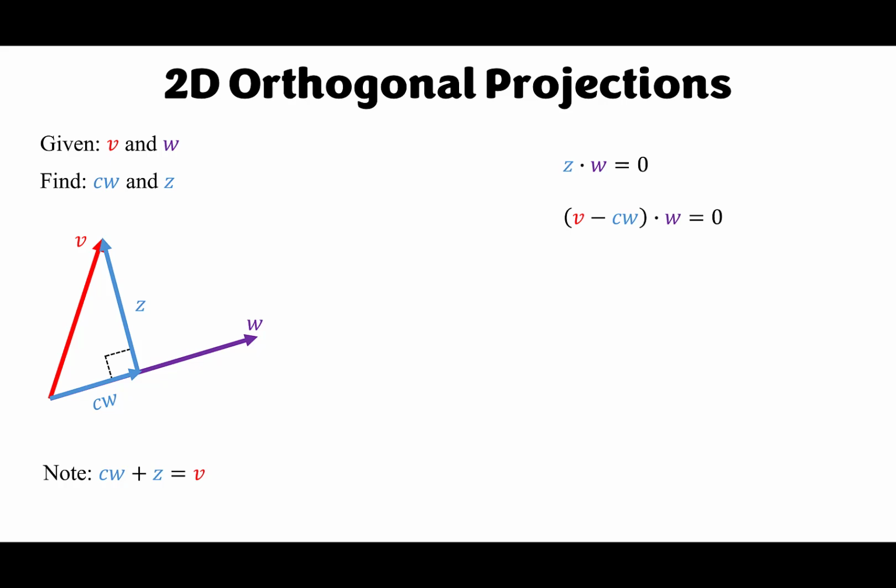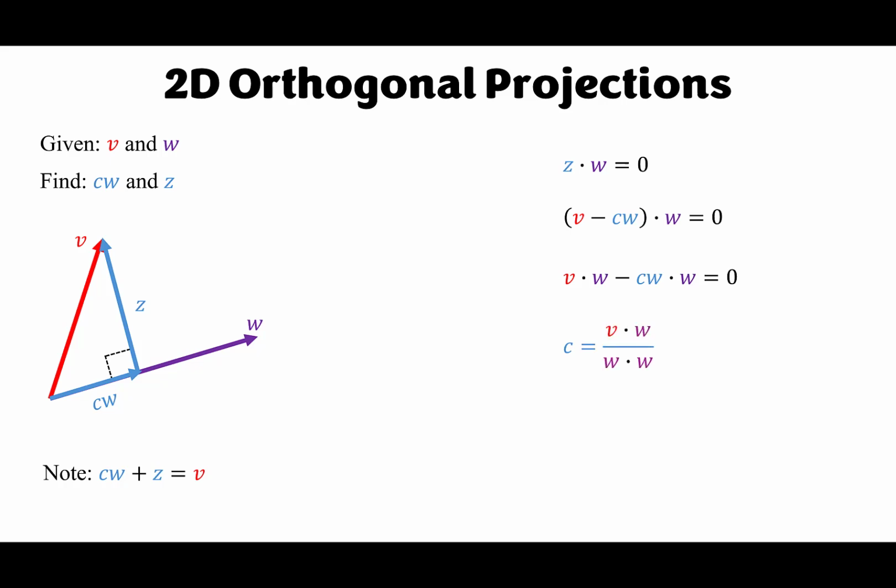Since cw plus z is v, you can rearrange that to have v minus cw being equal to z. So we substitute v minus cw in for z. And then we know with dot products, you can distribute that w to both the v and the cw. So now v dot w minus cw dotted with w is equal to 0. So that's the distribution property.